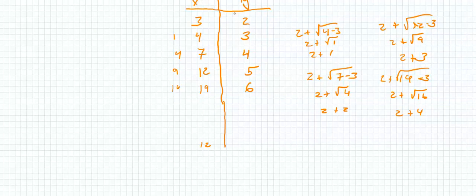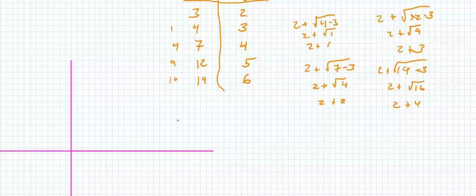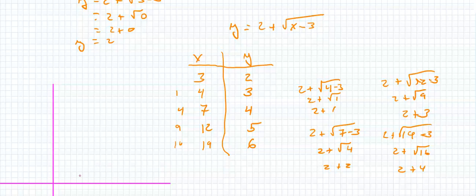All right, so let's draw our parabola. Okay, ordered pair. Oops, I got to move my graph. All right, now we can begin to graph. So, first ordered pair is 3, 2. 1, 2, 3, 2. Next ordered pair, 4, 3.